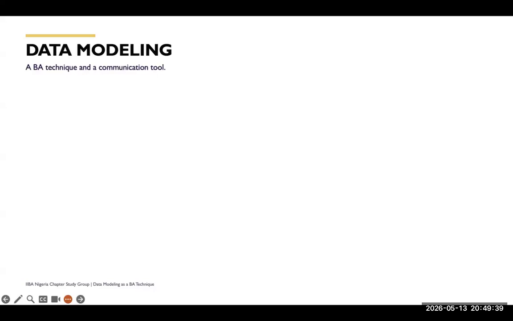So I'll move on to data modeling. Can anybody take a stab now? We've understood what data is, right? We understand clearly what a model is. What is data modeling?